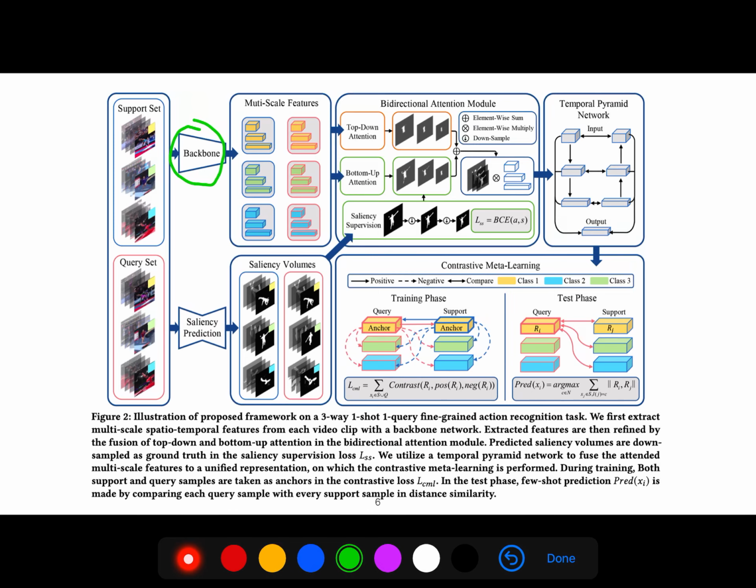We utilize a temporal pyramid network to fuse the attended multi-scale features into a unified representation, on which the contrastive meta-learning is performed. During training, both support and query samples are taken as anchors in the contrastive loss. In the test phase, few-shot prediction is made by comparing each query sample with every support sample in distance similarity.